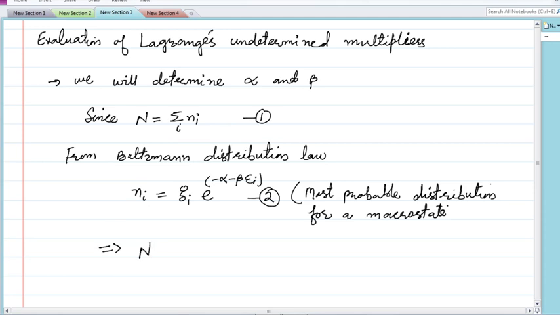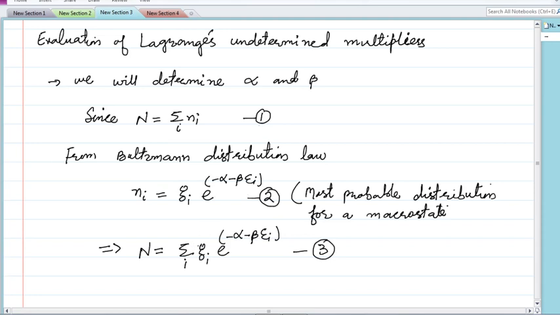that n will be equal to summation I gi e raised power minus alpha minus beta ei. So this is our equation. We have done nothing, we have simply taken the value from equation number 2 and put it in the first.